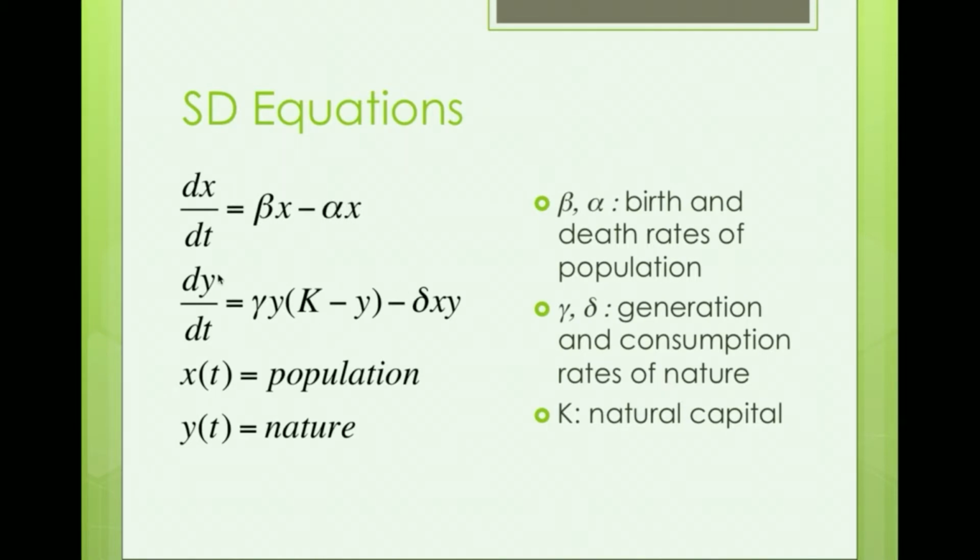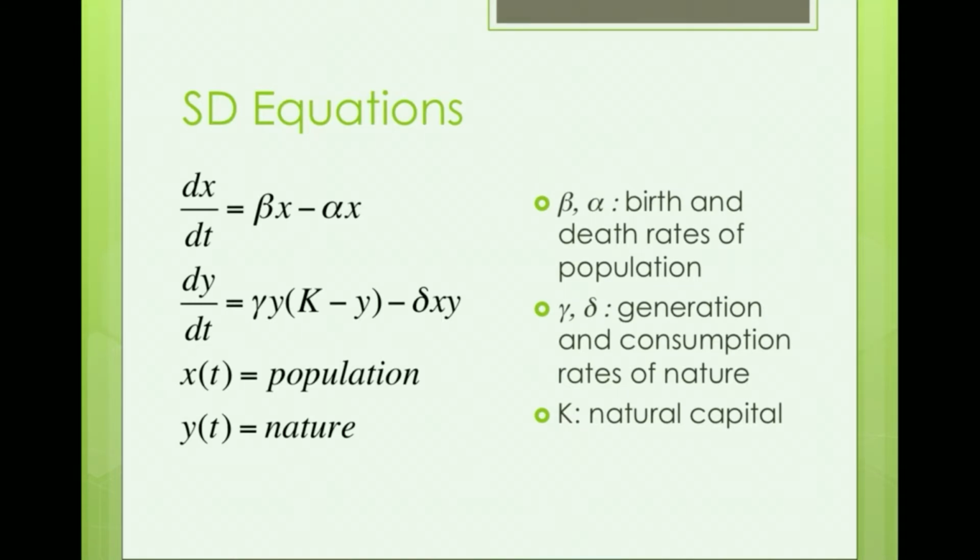Nature follows a little bit of a logistic equation, where nature gets regenerated with an upper limit given by this natural capital, K, and nature gets consumed at a rate delta, and the consumption is proportional to the population. So it's a very simple two-variable logistic model.